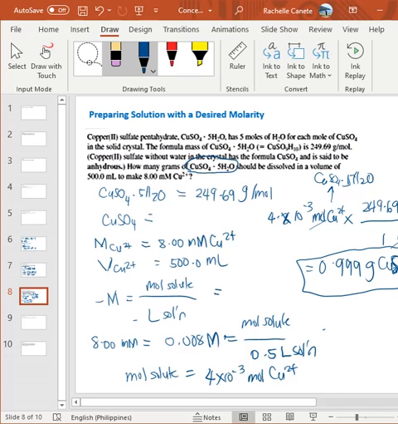And then, after weighing, you dissolve that in a little water first in the beaker, and then you transfer it here. This is the volumetric flask, a 50 ml volumetric flask.